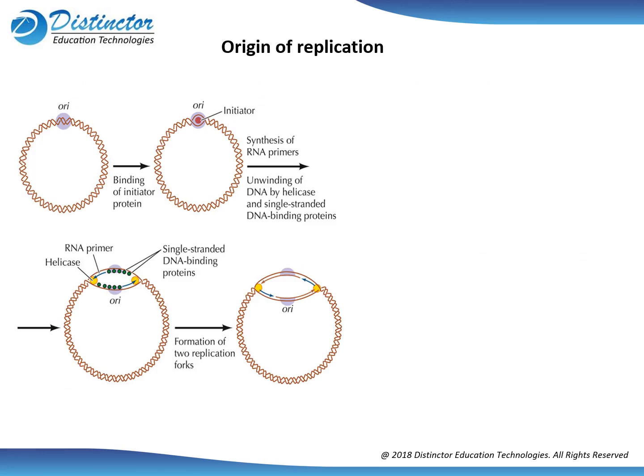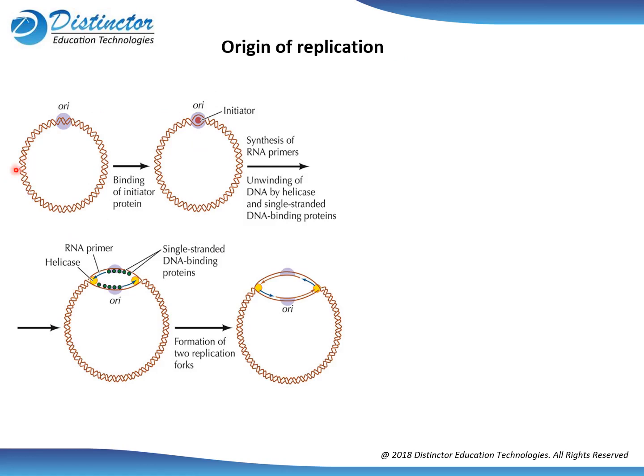For that, one important part that is needed is the origin of replication, commonly called ORI. Any chromosome, when it starts to replicate, needs an origin of replication region. Only where that region is present does replication start.